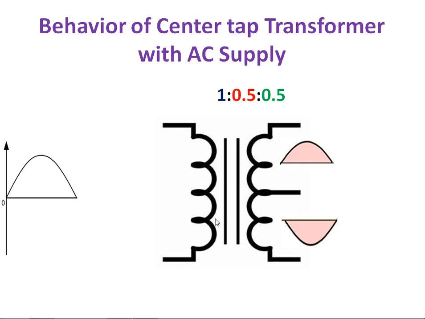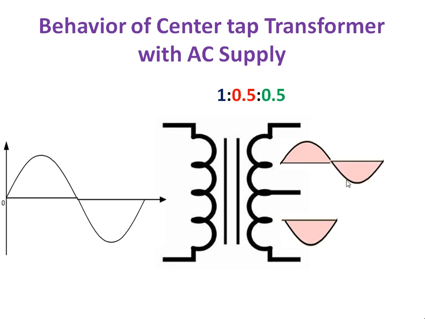It is 180° out of phase. So this is the output waveform for the positive half cycle input. If I apply a negative half cycle, then the output will become like this. The top portion follows the input waveform, but the bottom portion is 180° phase shifted with respect to the input.